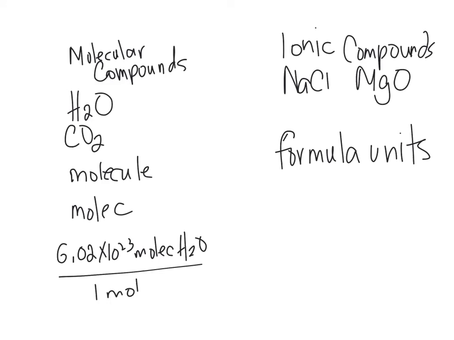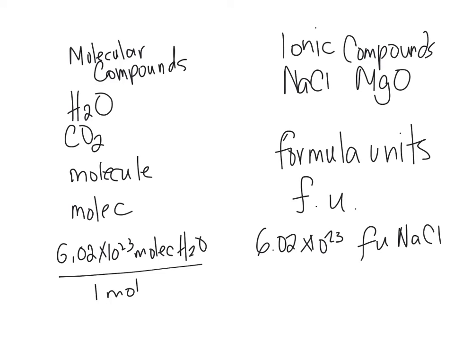It's like a molecule, concept-wise. Short form, F period, U period, or FU. So we have 6.02 times 10 to the 23rd formula units of sodium chloride in 1 mole of sodium chloride.